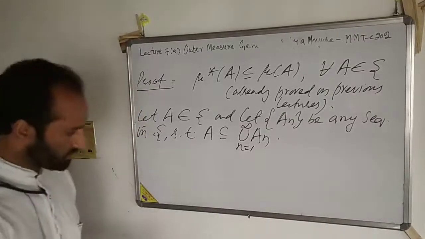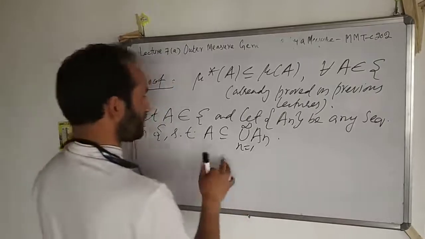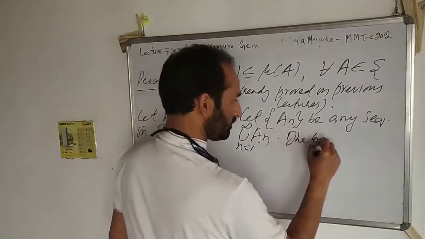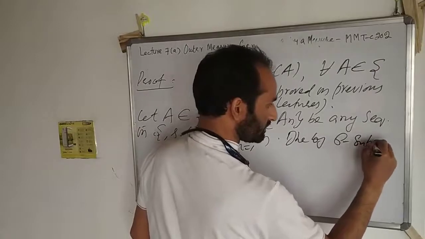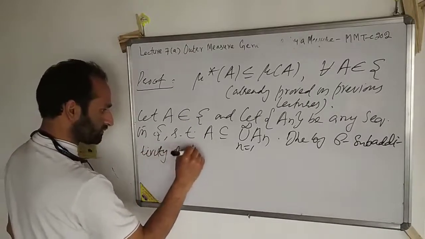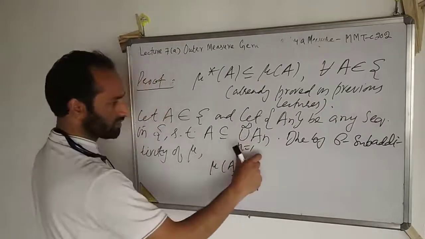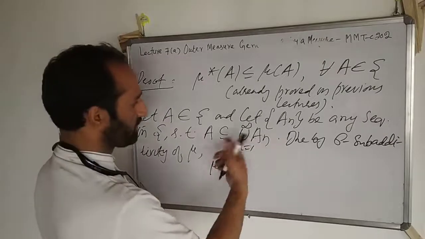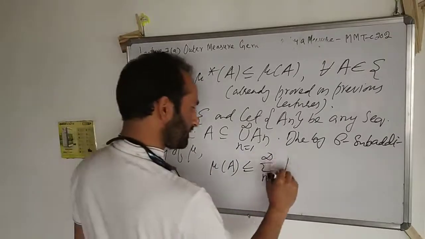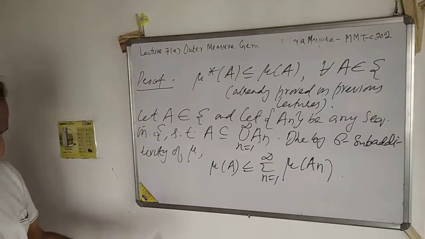Then by sigma subadditivity of mu, we have mu of A is less or equal to summation n runs from 1 to infinity mu of A_n. It's by sigma subadditivity.